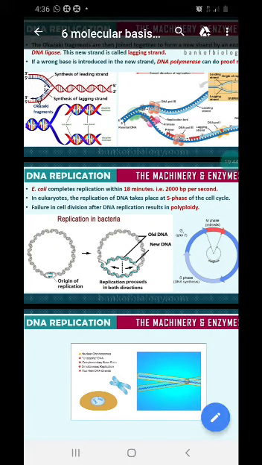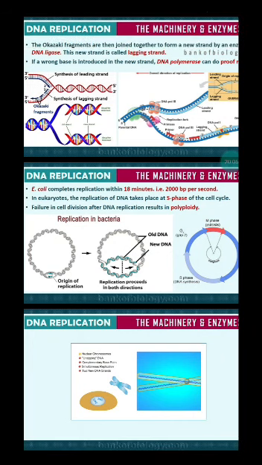Clear? So in bacteria, where does replication start? There is no 3 dash 5 dash end, but there is a region called the origin of replication. It is from this area that the replication starts. Clear, children? But in our case, it starts from 3 dash 5 dash.